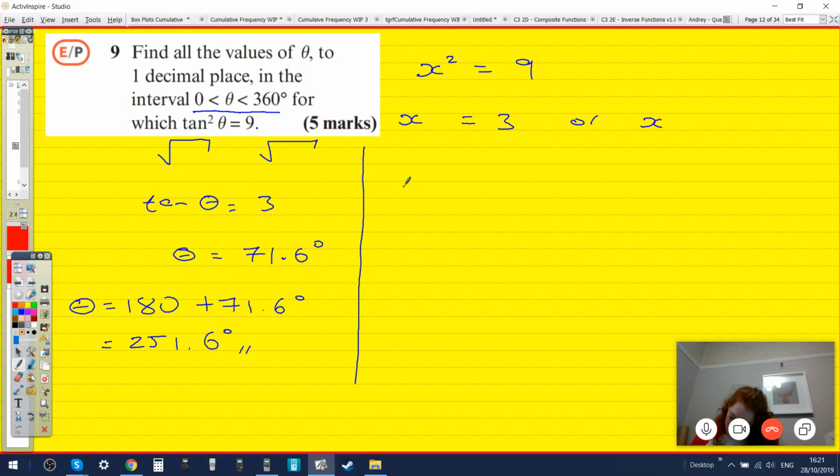Okay. Then that goes to minus 71.6. Okay. 108.4.